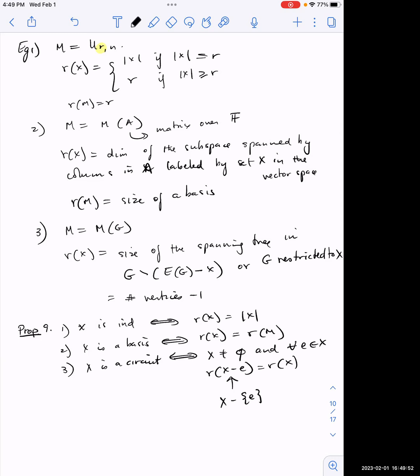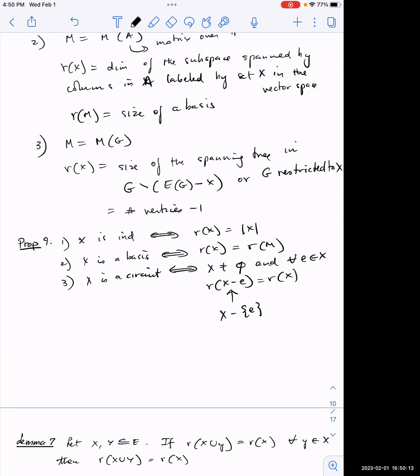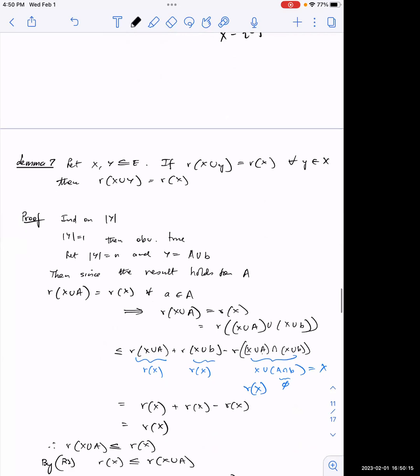So X minus e is really X minus the element e. I think we'll use some of these later on, so that's why I have it listed here, but the proof is fairly routine. So this is how an independent set, a basis, and a circuit are expressed in terms of rank.